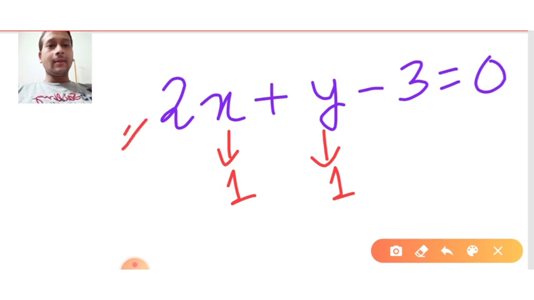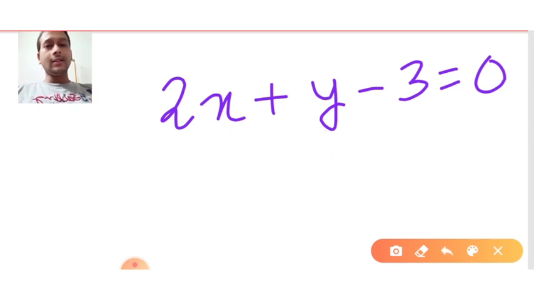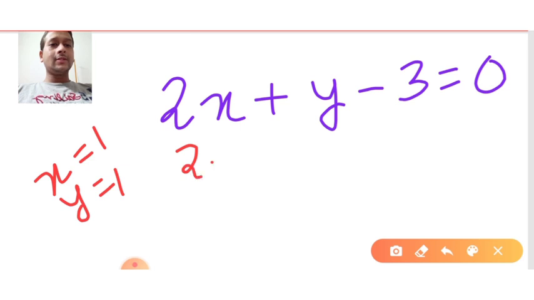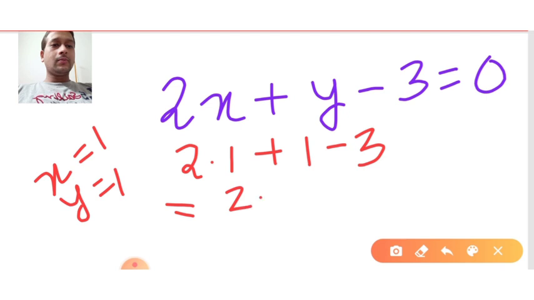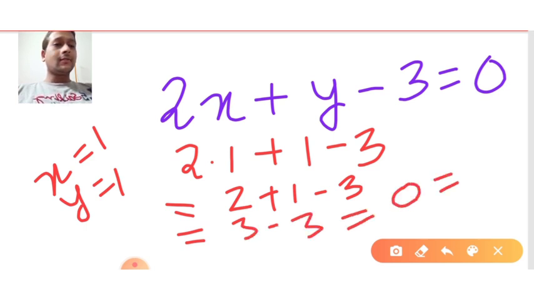This part will become twice x. So what we are taking here, x equal to 1 and y equal to 1. So it will become 2 into 1. This is the left hand side, plus 1 minus 3. What will it be? 2 plus 1, so it will be 3 minus 3, which is equal to 0, and this is equal to the right hand side.